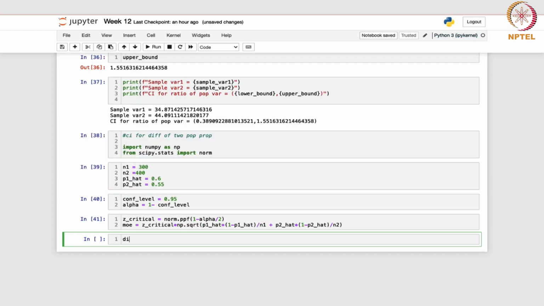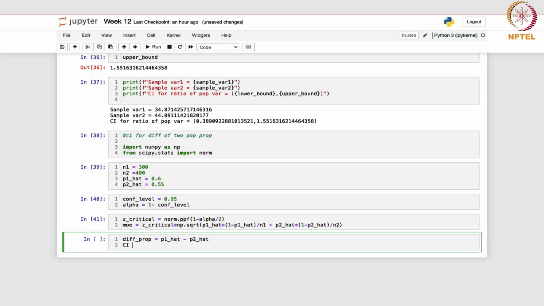Now you will have the difference of proportions. diff_prop would be p1_hat minus p2_hat, and your CI, that is the confidence interval, would be the difference in proportion minus your margin of error, and the difference in proportion plus the margin of error.